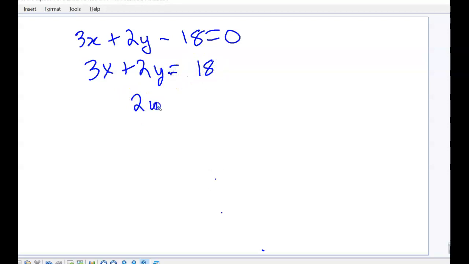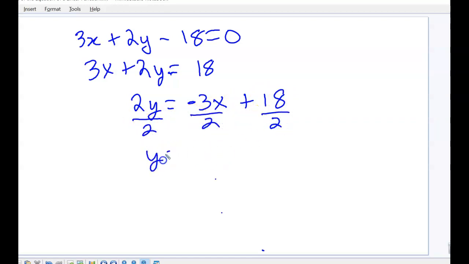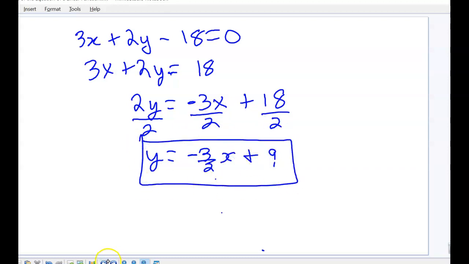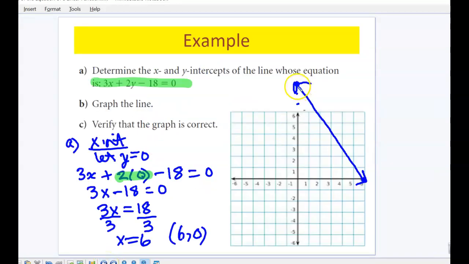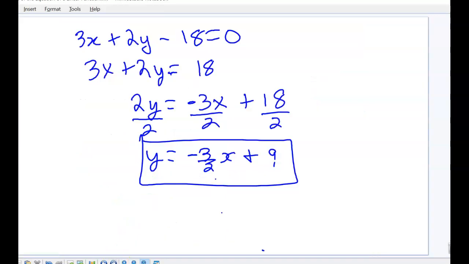And then I'm going to subtract the 3x over. And then I'm going to divide each term by 2. I'm going to get y is equal to negative 3 over 2 x plus 9. And this matches the same graph that I drew here. I have a y-intercept of 9. My rise is negative 9, my run is 6, so my slope is negative 3 over 2, and that matches this equation right here.